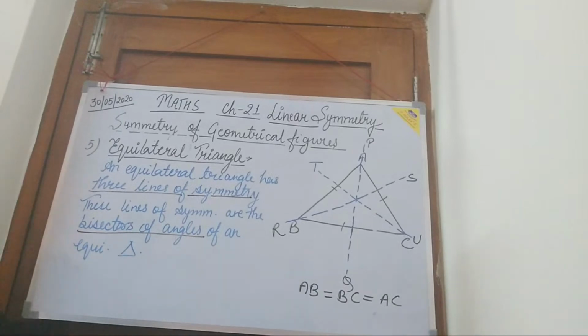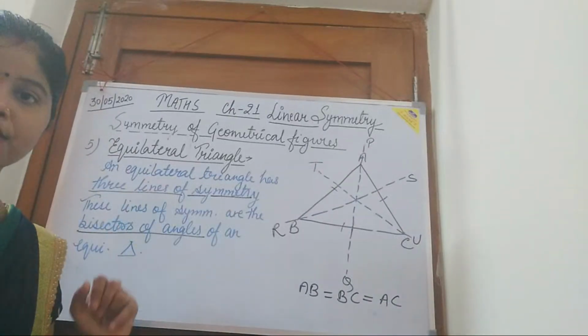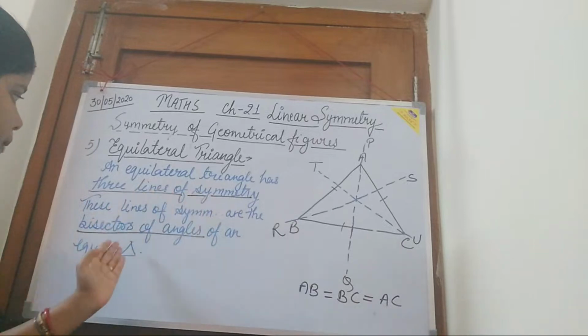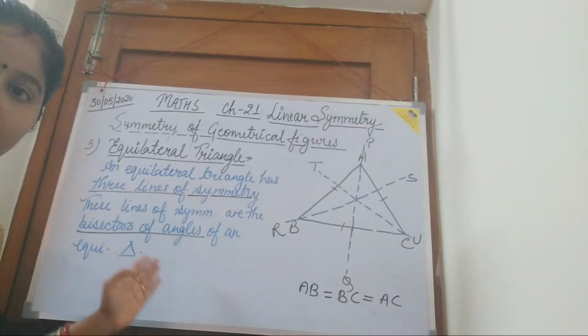So in an equilateral triangle, how many lines of symmetry do we have? Three lines of symmetry, and these lines of symmetry are the bisectors of angles of an equilateral triangle.